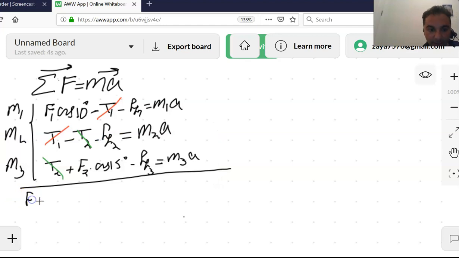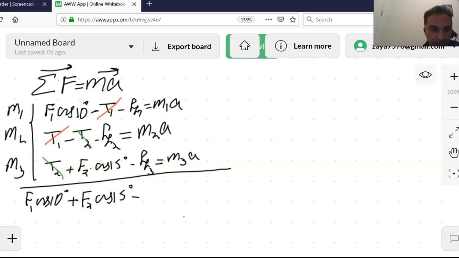Therefore, I am going to have F1 cosine of 10, correct? Plus F2 cosine of 15 minus all friction forces. I can factor with minus, but let's not yet.